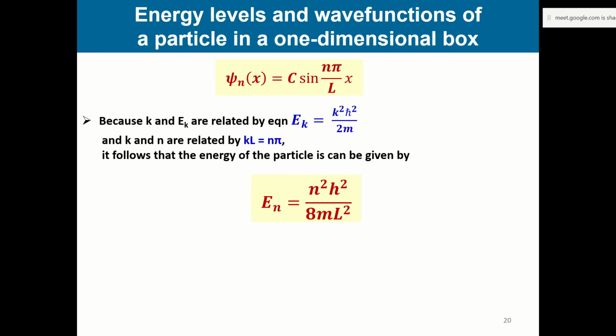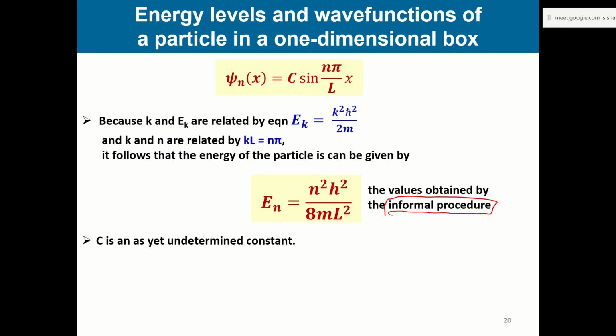This is the expression of energy, which was also obtained by the informal approach, where we simply looked at the function profile, trying to fit the half waves in the box, and the two things are now matching up.